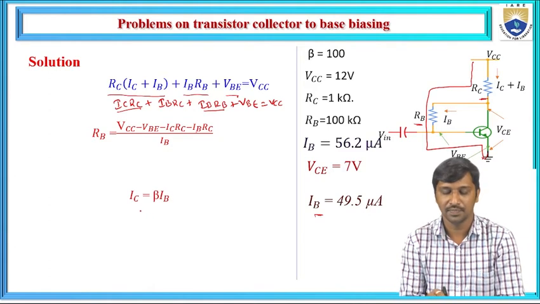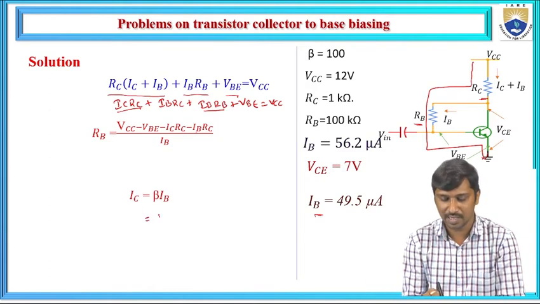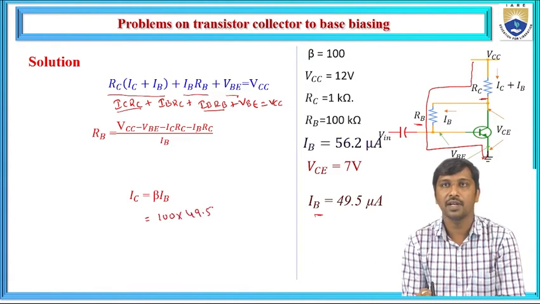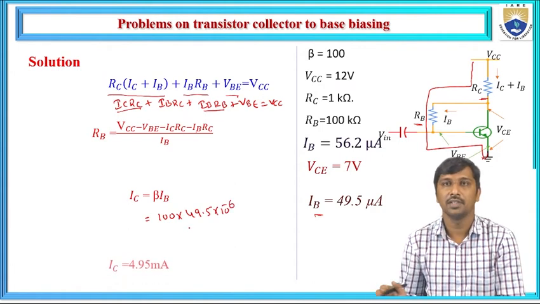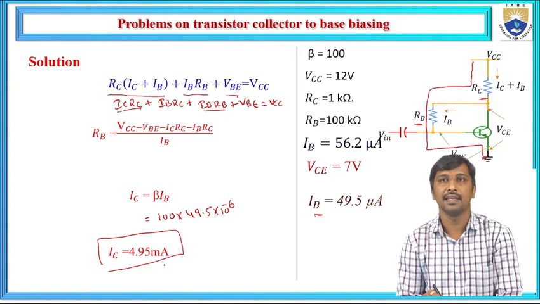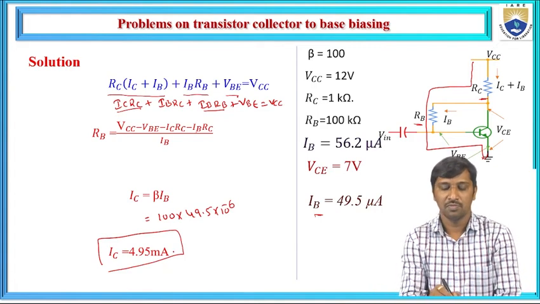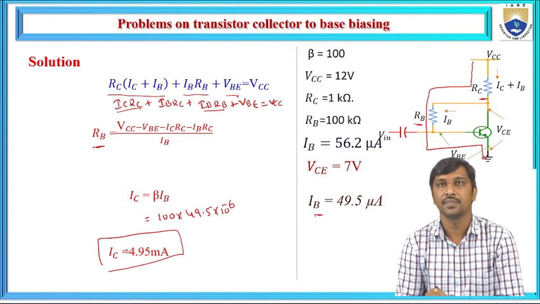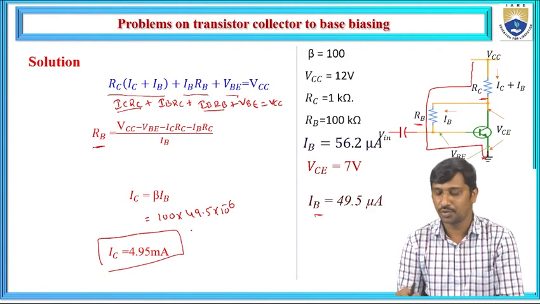And we know that here IC is equal to beta times IB. Beta means 100 and IB is 49.5 microamperes, that is 10 to the power of minus 6. If you solve this, IC is 4.95 milliamps. Now we need to calculate how much base resistance is required to produce VCE of 7 volts.